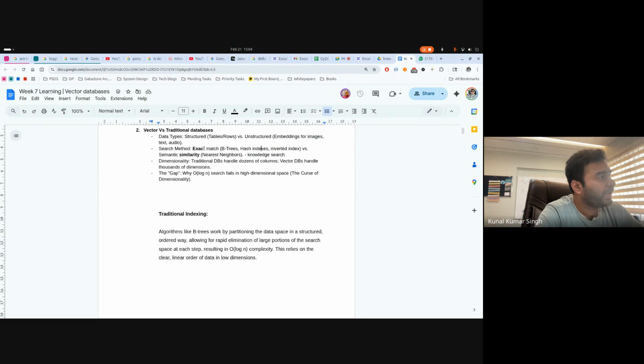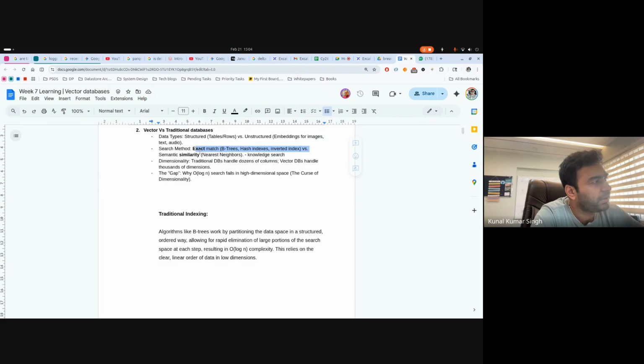Here, like the Apple example we had, right? Apple being a brand, and how many calories are there in Apple being a fruit, right? If you search in these databases, it cannot distinguish between both. It will just search for Apple as a keyword, and then it will just try to split the text and do text-based matches. So here it's very dumb. It cannot distinguish based on context, right?